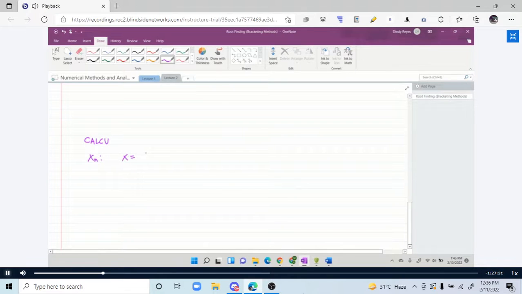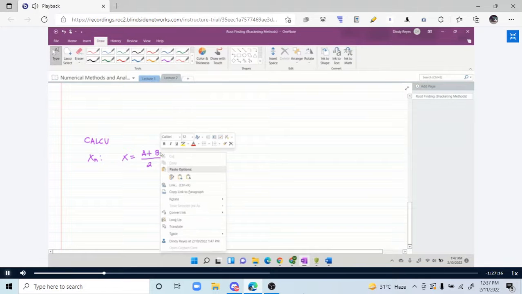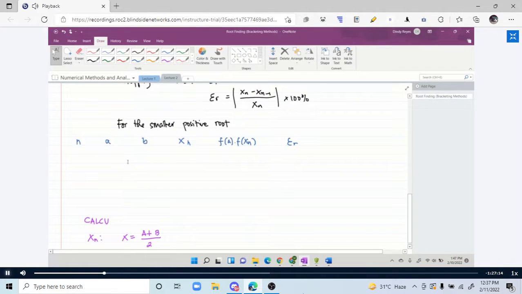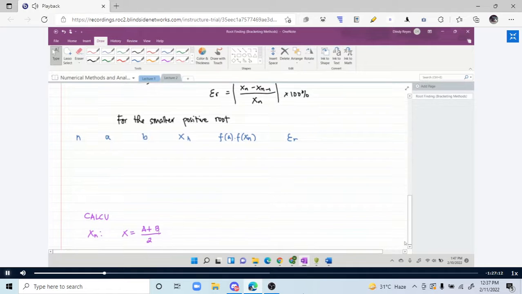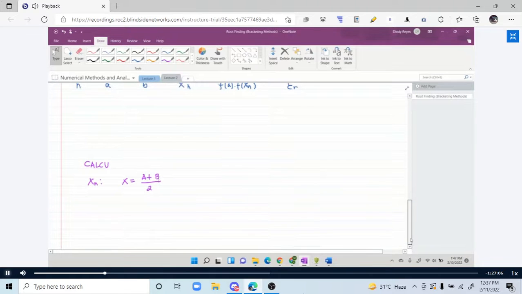So, x equals, use a and b na lang because we are also using a and b here, but capital letters in your calculator. So, just a plus b over 2. Yan lang. Type nyo yan, and then later on, use shift solve. And then you'll enter the values for a and b that we'll have here. Okay? A and b. And then for those who will compute for the sign of this, sign lang ang concern natin dyan, ha, not the value anymore.